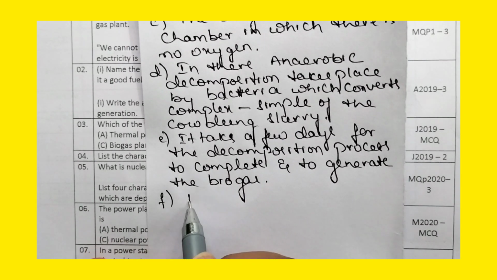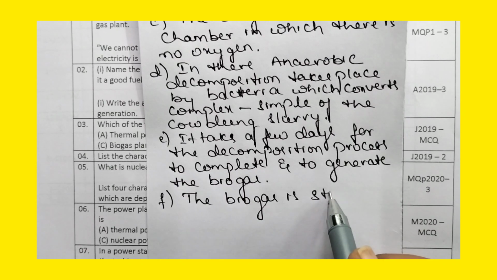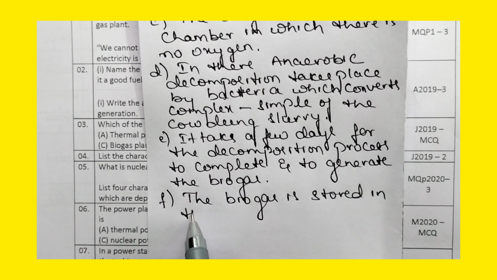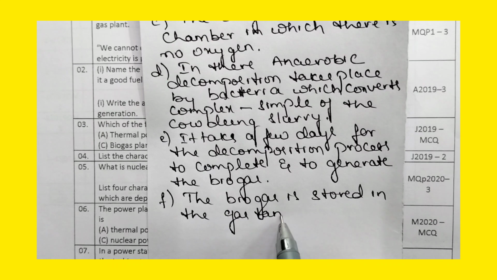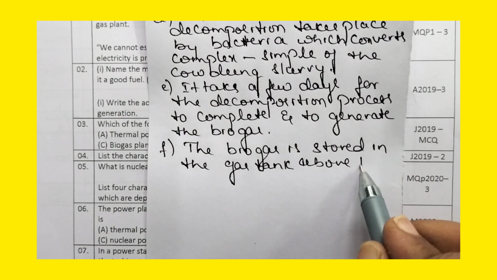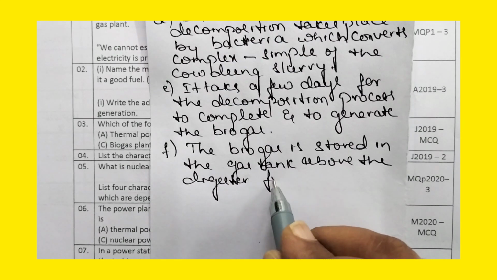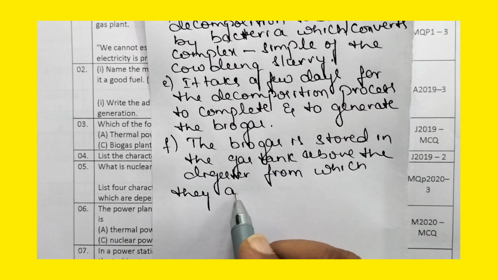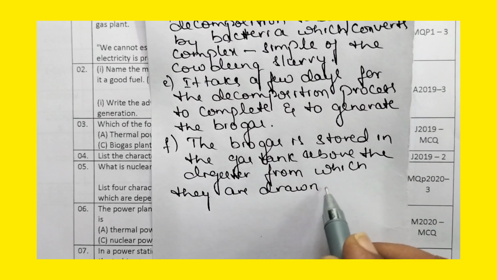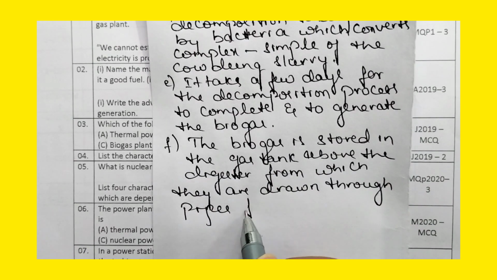Next, the last point is the biogas is stored in the gas tank above the digester, from which it is drawn through pipes for use.